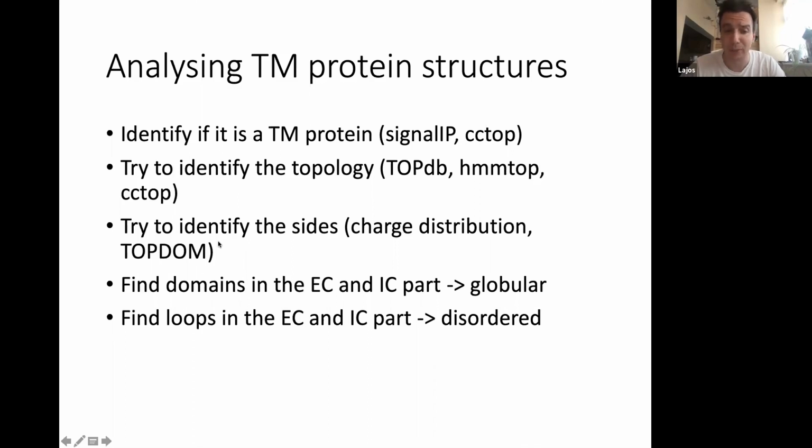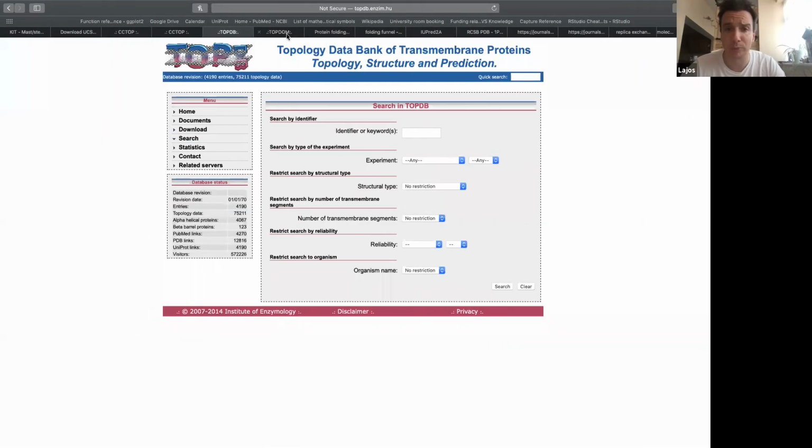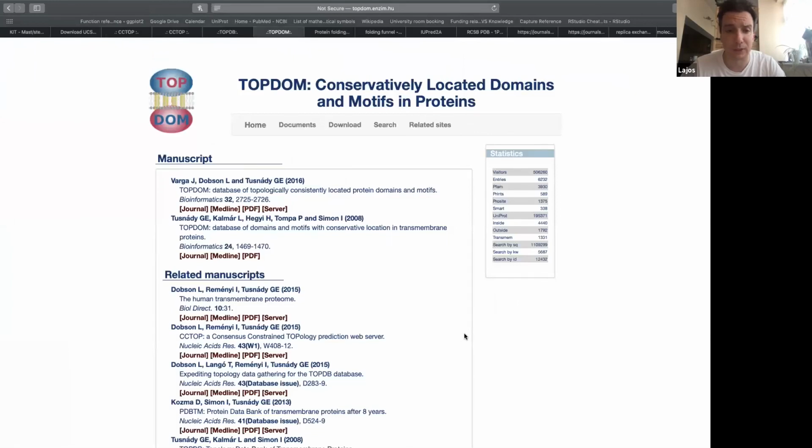But there is also another tool called TopDom, this one. Again, a familiar name here, but this database automatically extracts domains from different databases, basically from UniProt, that are sitting on transmembrane proteins, but sitting on one of the sites only.